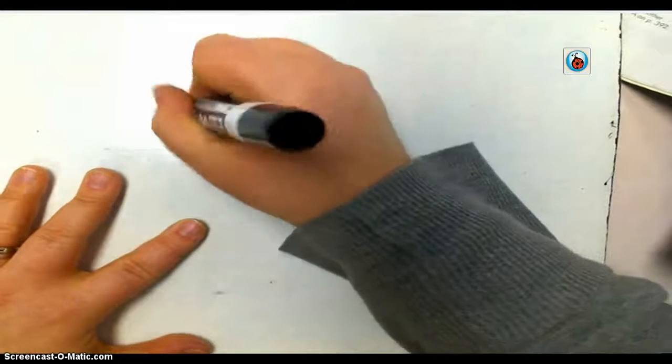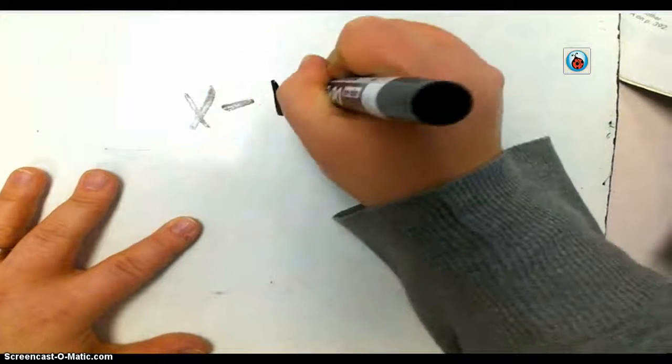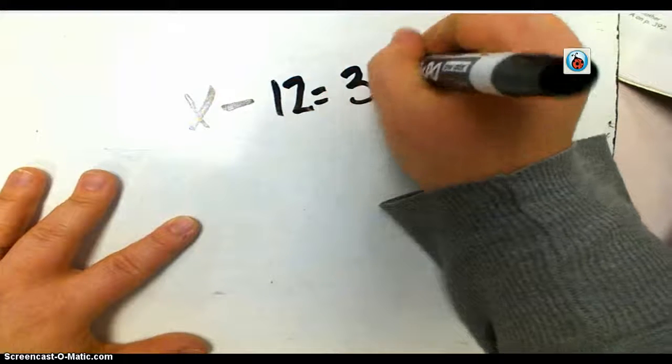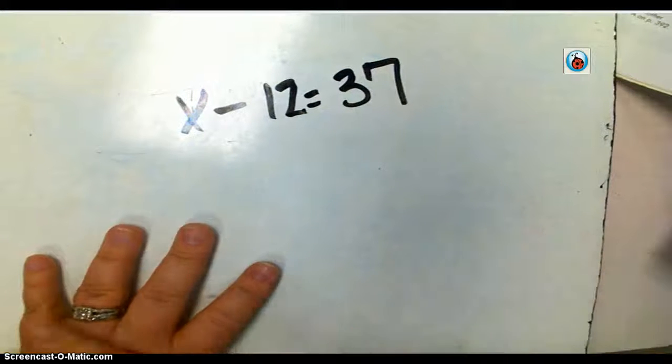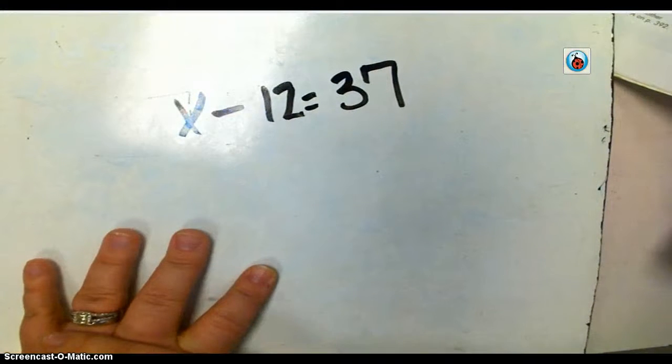Okay, I have x minus 12 equals 37. What's the issue? He doesn't have one.